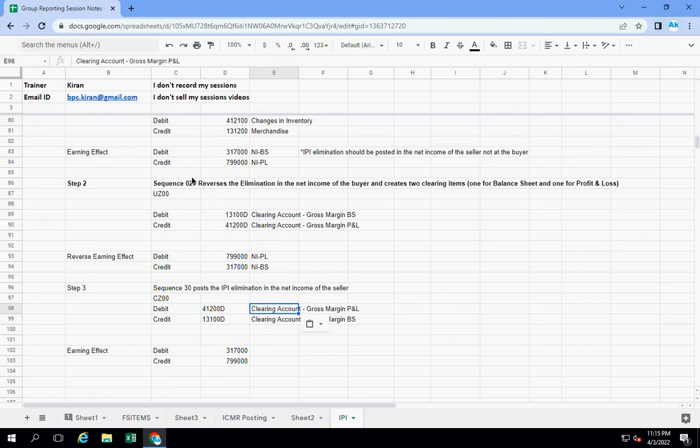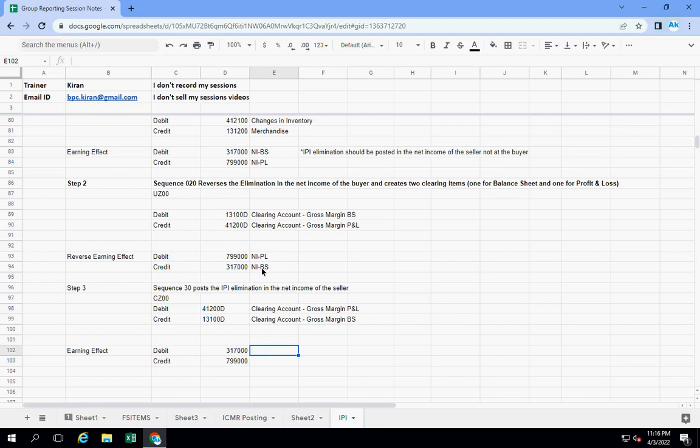If you see, with sequence 20 and sequence 30, these 131100 and 412100, one leg will be posted from the US and one leg will be posted to Canada. At group level, both are matched, right? And debit to my balance sheet net income, credit to my P&L net income, so that my P&L net income and net income balance sheet are adjusted with that markup 2000.